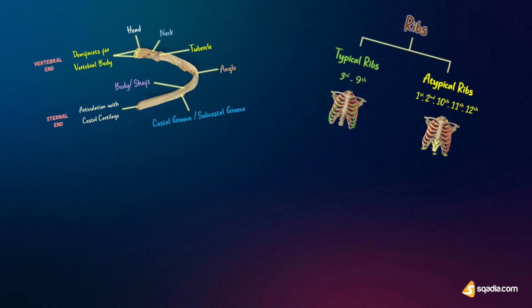Now, the first 7 ribs connect to the sternum directly through the bars of hyaline cartilage called costal cartilages. 8th, 9th, and 10th ribs connect to the cartilage immediately above, while 11th and 12th ribs end in the abdominal musculature.